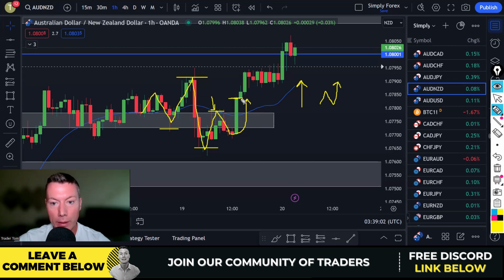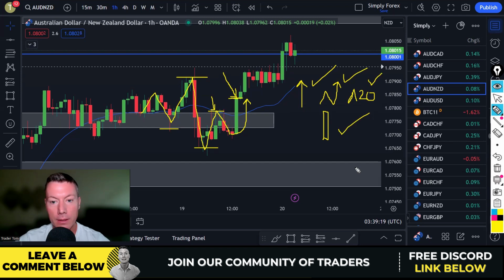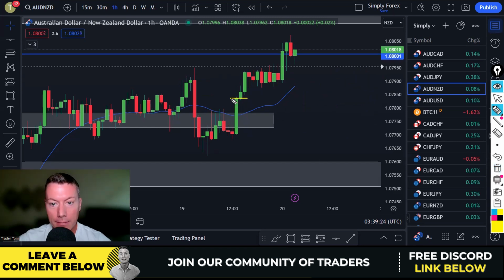At this point, price is above the moving average 20, and we got a nice bullish H1 candle. So tick, tick, tick, tick. I entered here and took profit up here.